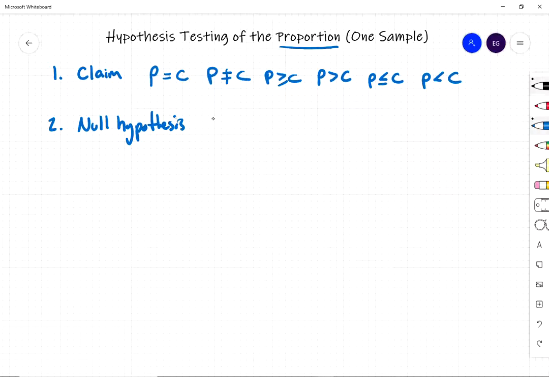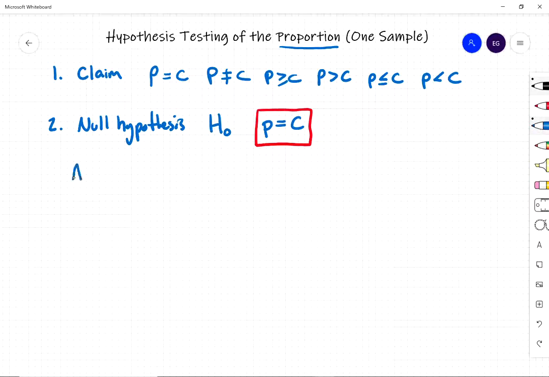And the null hypothesis, the symbol is H0, and there's only one option. The null hypothesis is always a statement of equality. So for the proportion, it's going to be the statement proportion is equal to some number. So that's going to be your null hypothesis. There's no options there. There's no choice.